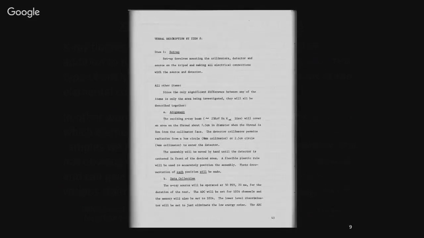Now, the setup involved mounting the collimators, the detector, and the source on a tripod, making all the electrical connections with the sources and the detector. As I mentioned before, we had to be very careful with the instruments because the power in the Royal Palace was different than the instruments were designed for.